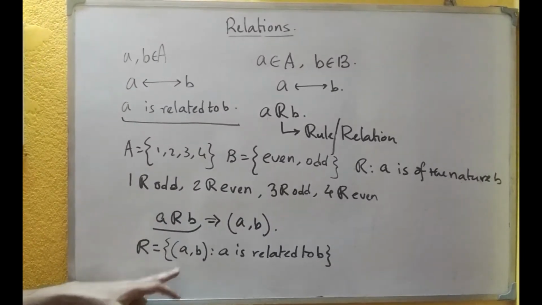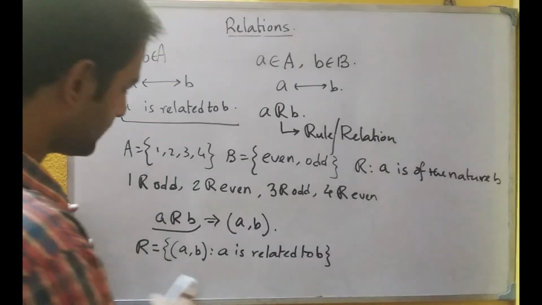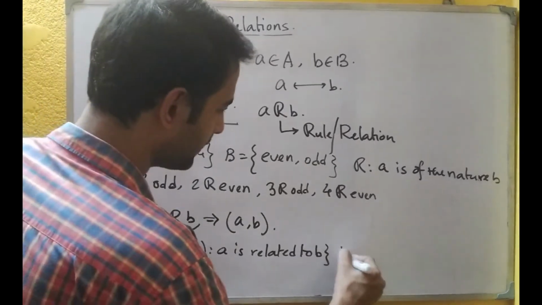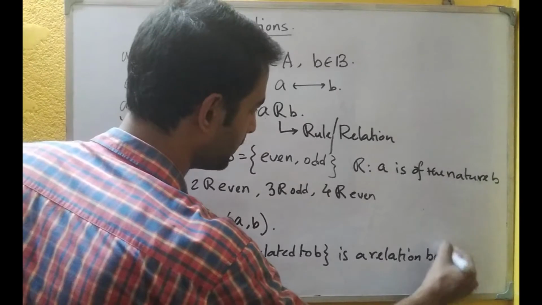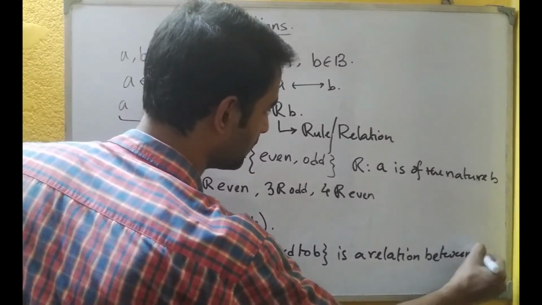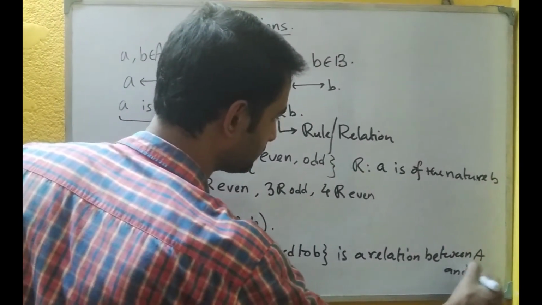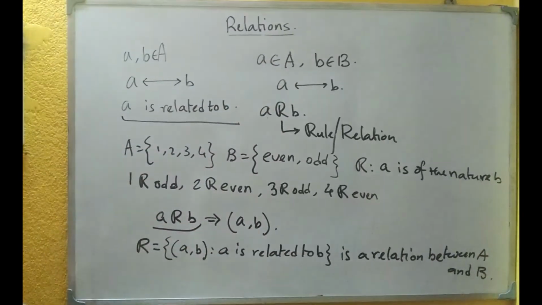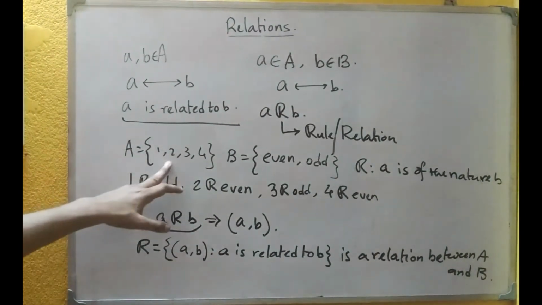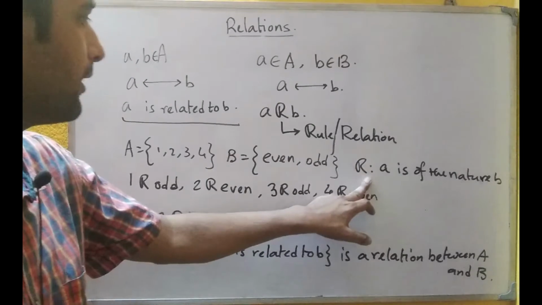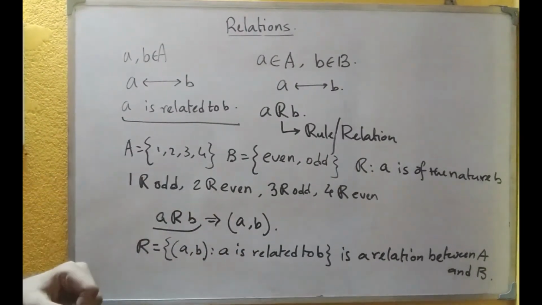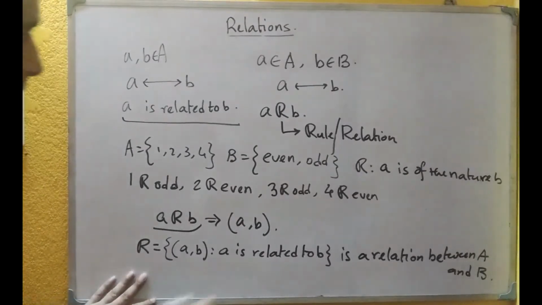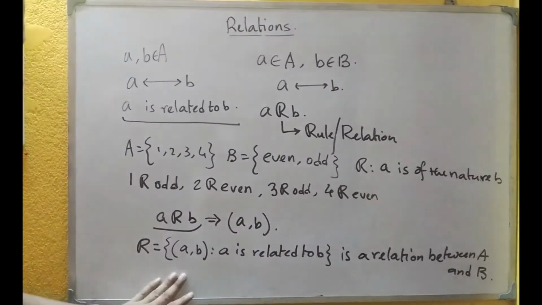So that will express the relation between the two sets. If the sets are A and B, then we can say that R is a relation between A and B. Like here we can write this relation R is a relation between A and B. So how we can write this relation R in this set builder form?